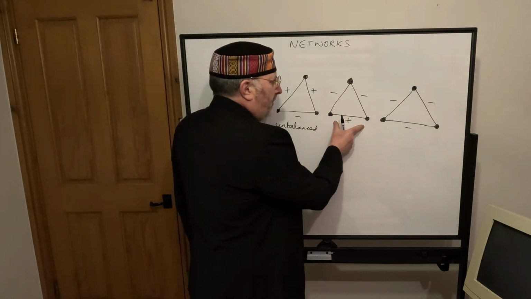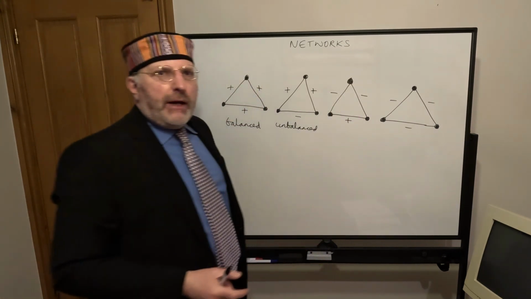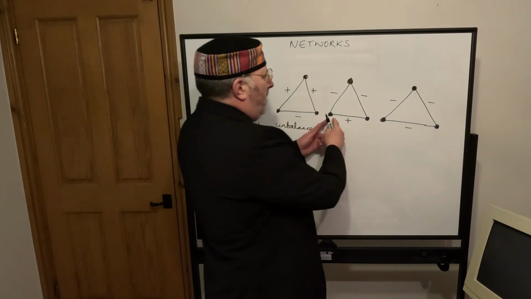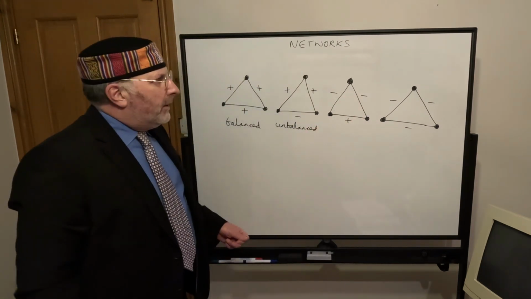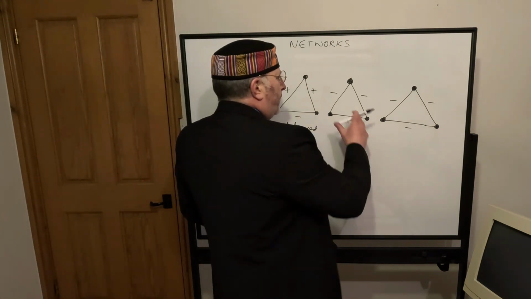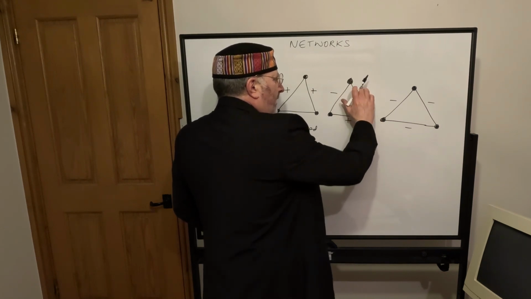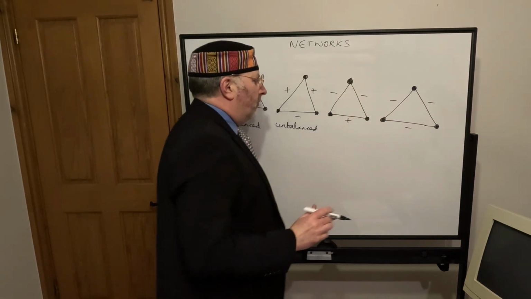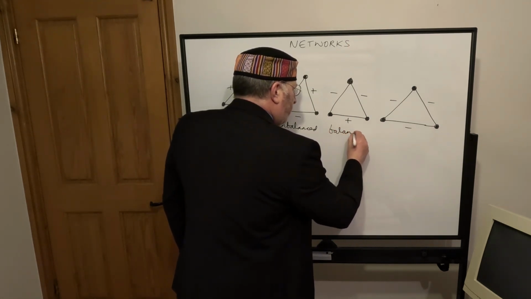So two people here are friendly, but they're both an enemy of someone else. That's like saying my friend's enemy is my enemy, which, you know, makes sense. You don't want to be friendly with somebody that your friend hates, because, you know, that's an awkward situation again. So this is balanced.